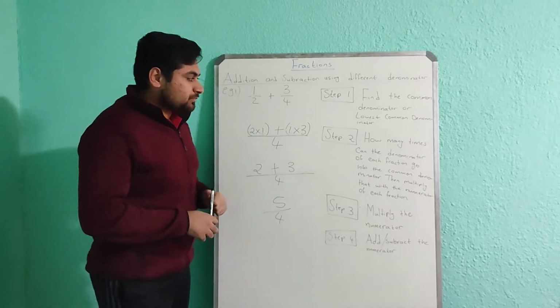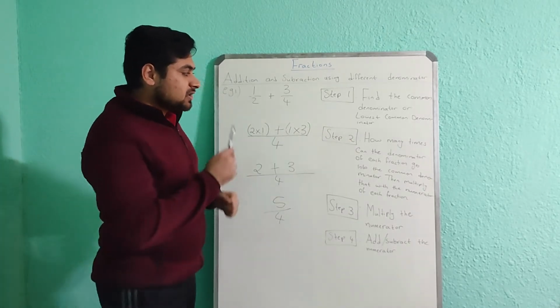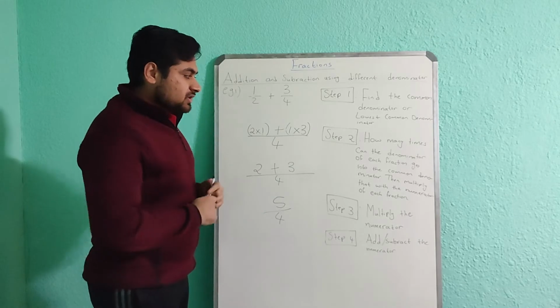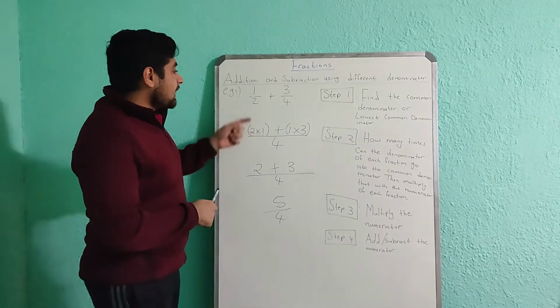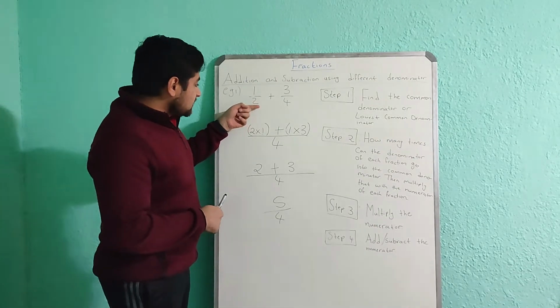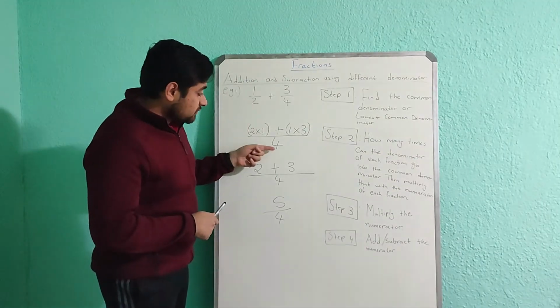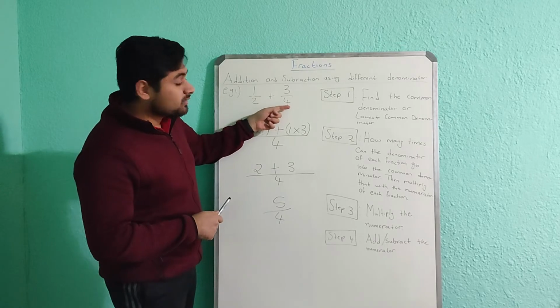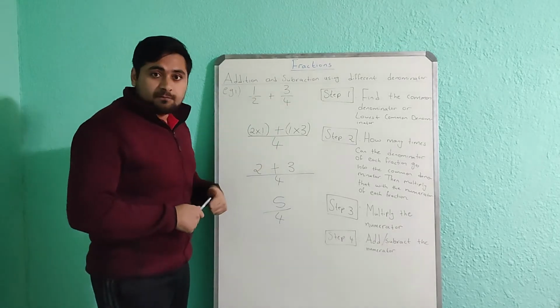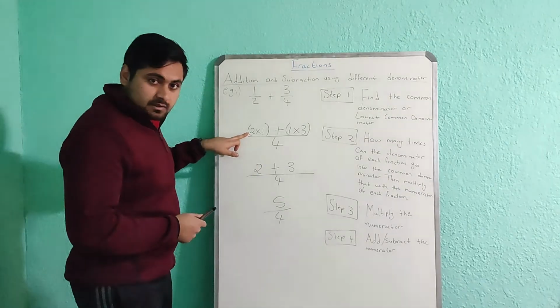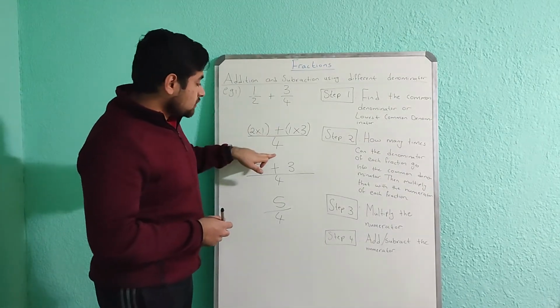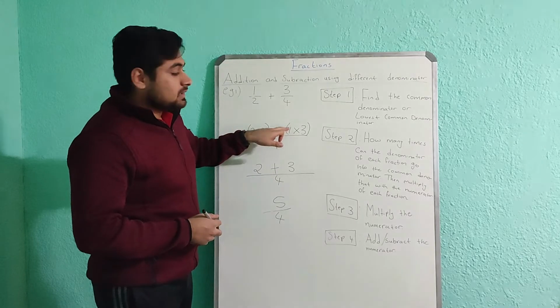What is step 2? Now you see how many times the denominator of each fraction can go into the common denominator. So we see how many times the denominator of this fraction can go into 4. We say 2 can go into 4 2 times, and 4 can go into 4 1 time.